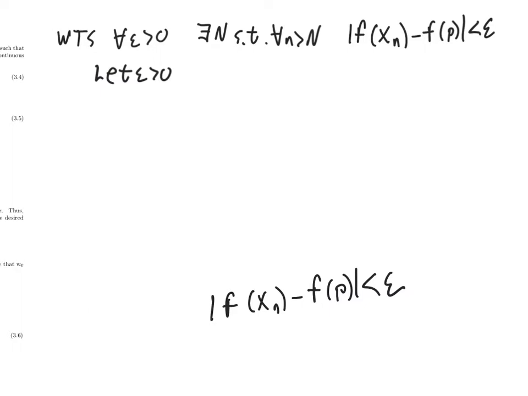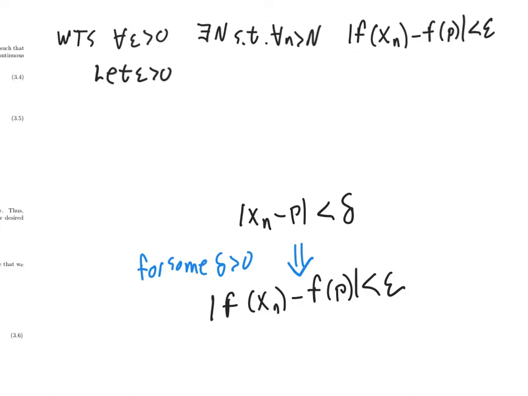Well, one thing I know is this function f is continuous. So for some choice of delta, if I can get the absolute value of x_n minus p to be less than delta, then that follows, as long as delta is chosen appropriately, because f is continuous.